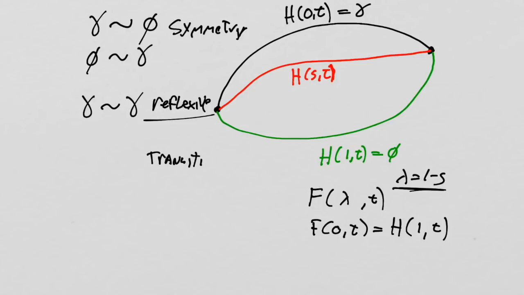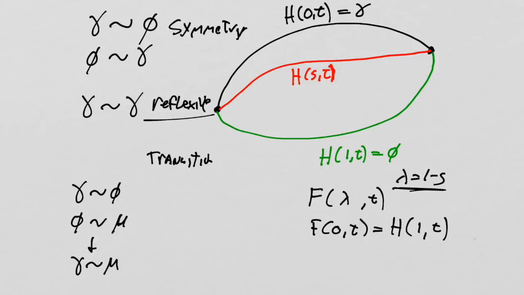right? Transitive, meaning if gamma is homotopic to phi, and if phi is homotopic to another curve, which I'll call mu, then it better be true that gamma is homotopic to mu, right?